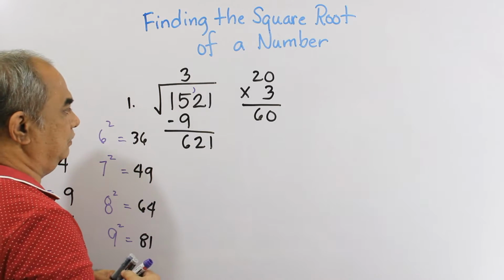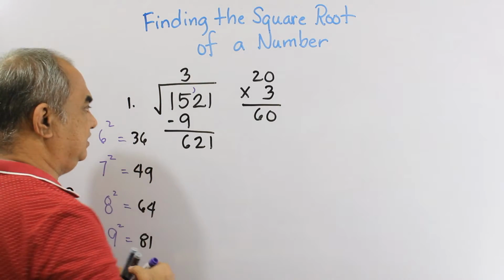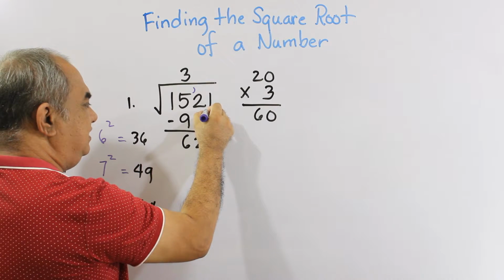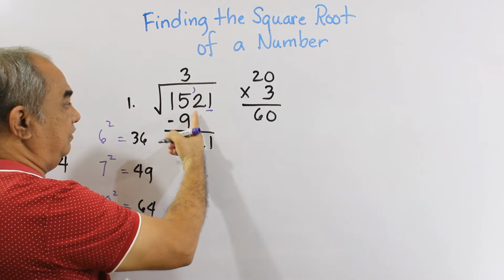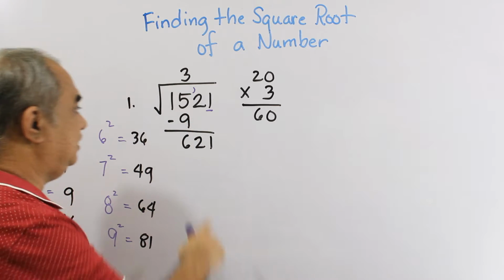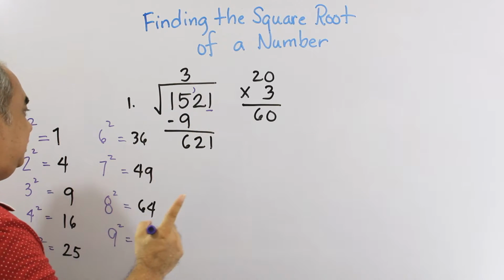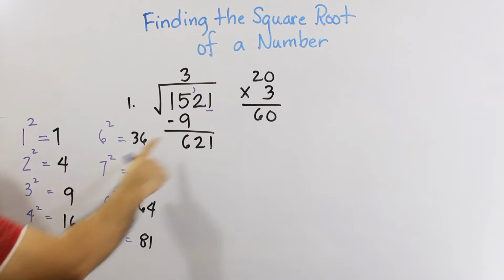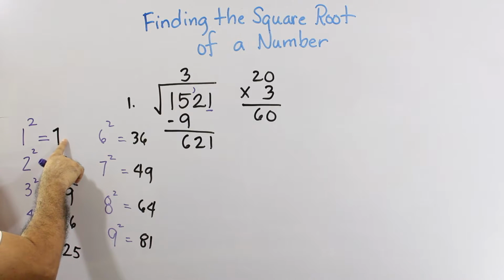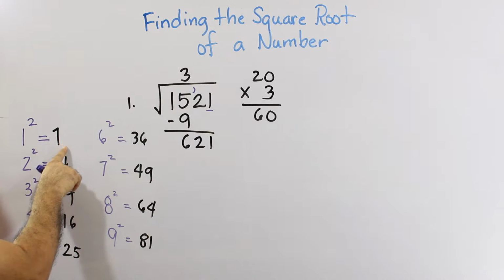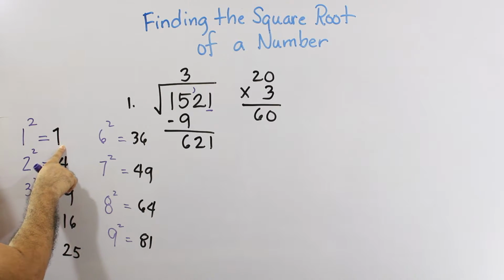And this is how it goes. Now, remember this. You look at the last digit, the ones place value of your number. And that is 1. And the important thing here is, this 1 will indicate the perfect square of numbers having 1 as the last digit.